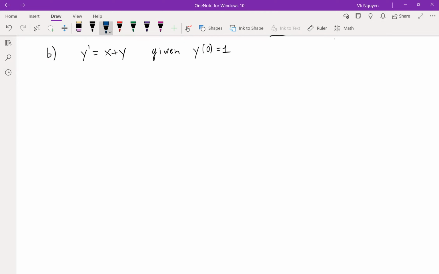The trick here is let u be x plus y. Then du over dx is 1 plus dy over dx. So this means dy over dx is du over dx minus 1.